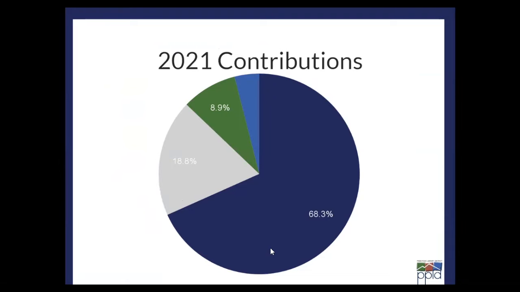And this is new data. This is coming from Giving USA, and they put this together every year. I will tell you that these numbers rarely change. This 68% might go up to 70%, but generally it sticks around the 68 to 70%.